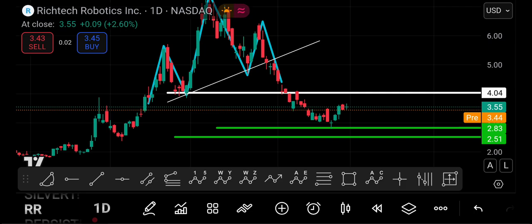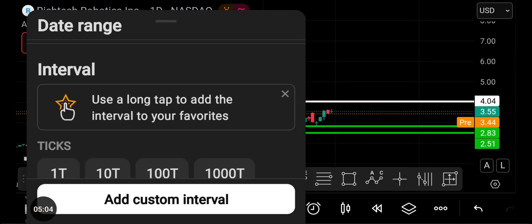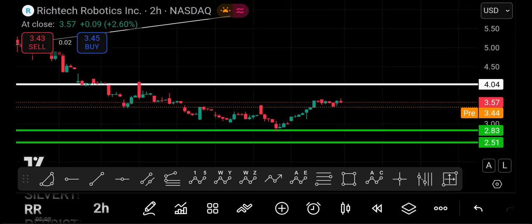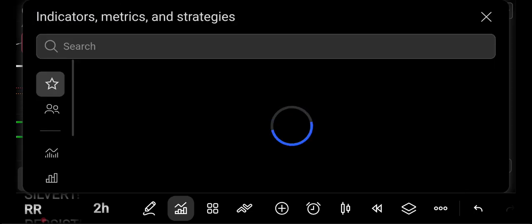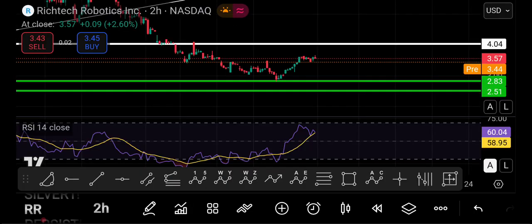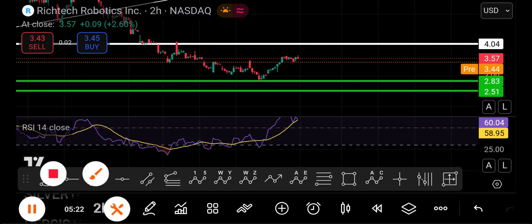If we go to a lower time frame, my dear friends, the 2 hour time frame, if you see over here, there is a positive divergence.